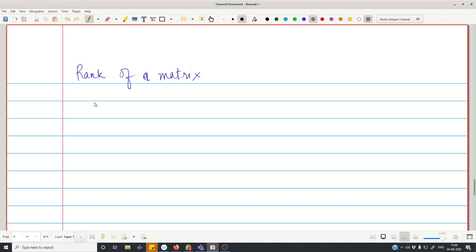Now suppose I have a bunch of vectors: 1 1 0, 2 0 0, 1 0 1, 3 2 2. Who can tell me what the rank of this matrix is? 3. So how do you find out the rank of a matrix?